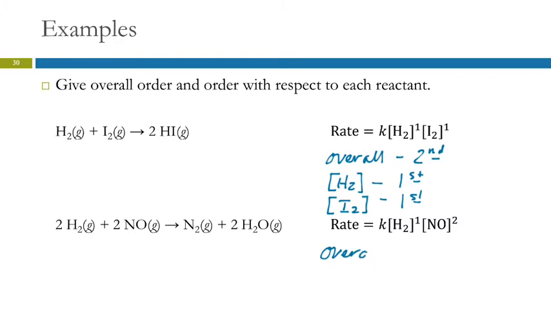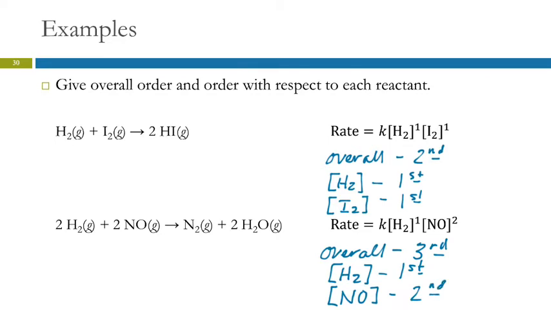It's third order, as we take the exponents and add them together, 1 plus 2. For hydrogen, this is first order. And for my favorite compound, NO, all caps is yelling, right? What is it? Second order.